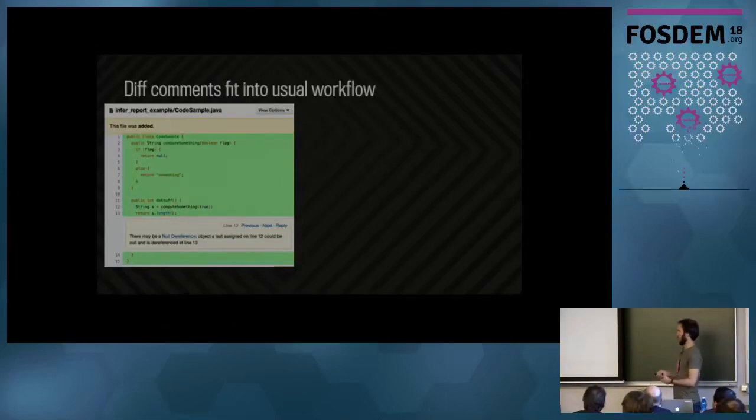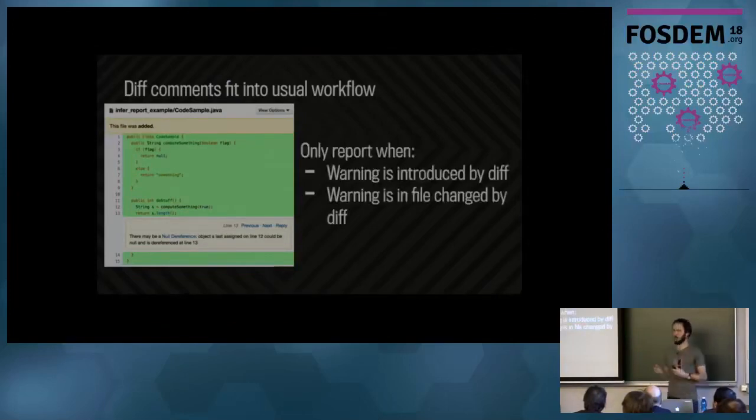One important point is that in this integration, we only surface the bugs that Infer finds that were introduced by the diff, and only if they were in files touched by the diff. The reason is that that's what the developer currently has context on and is working on, so they are able to act on these warnings much more than on warnings about unrelated things.